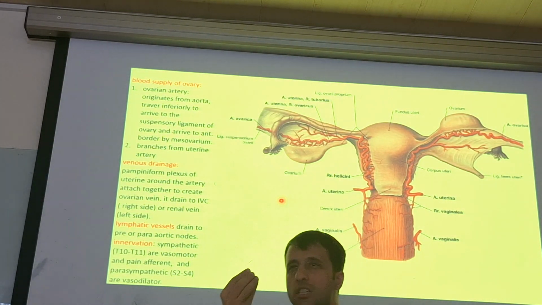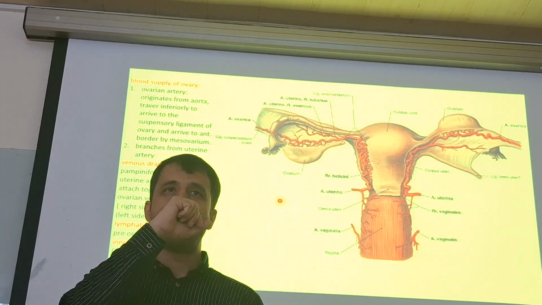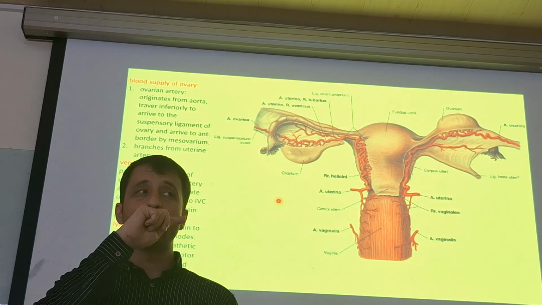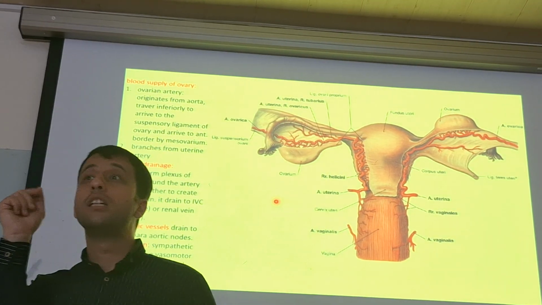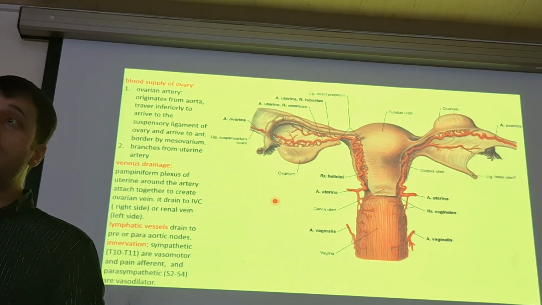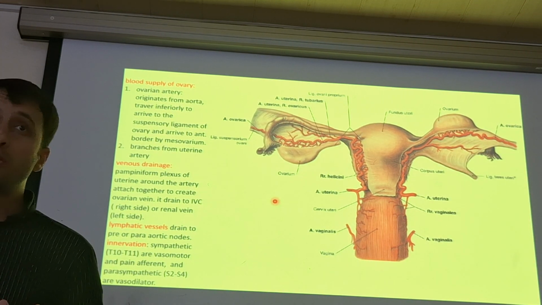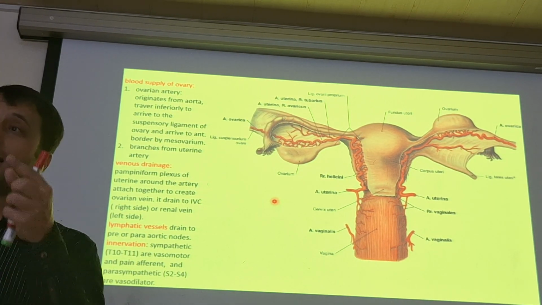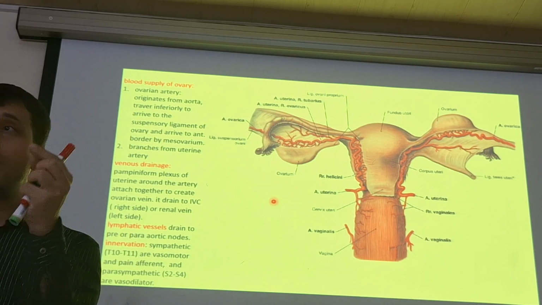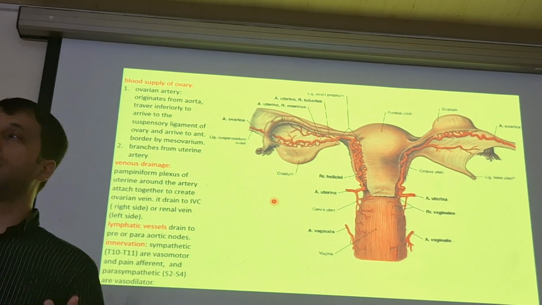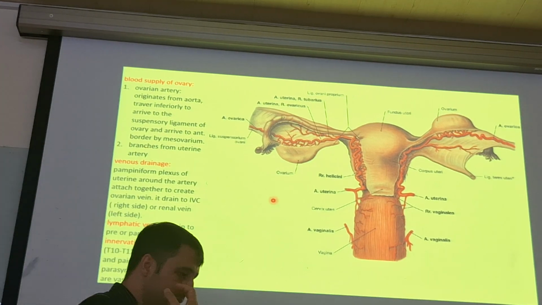What is the difference between sympathetic and parasympathetic? Parasympathetic causes vasodilation. Sympathetic causes vasoconstriction.